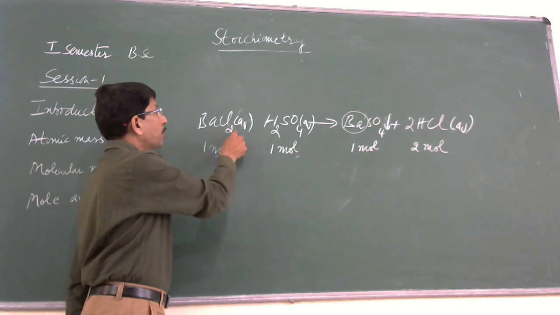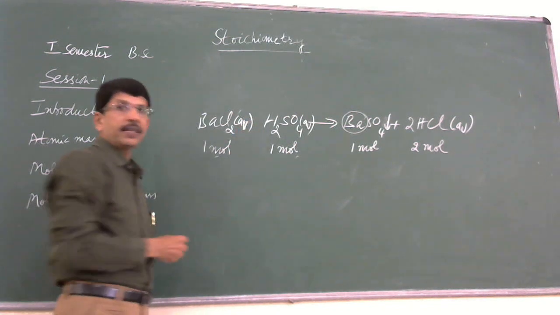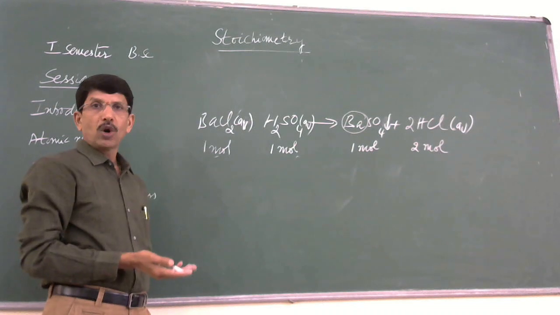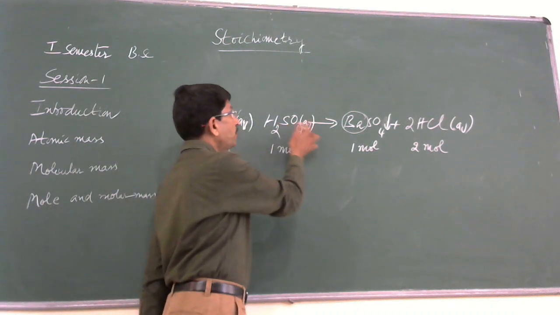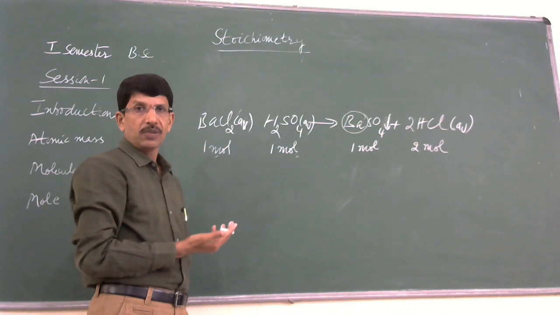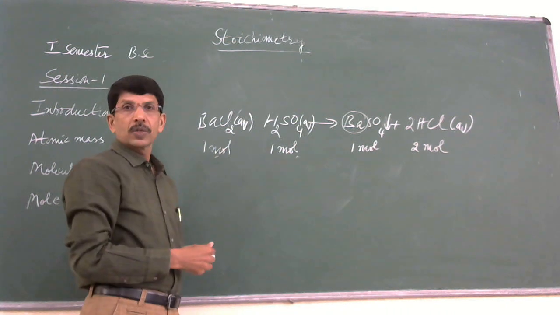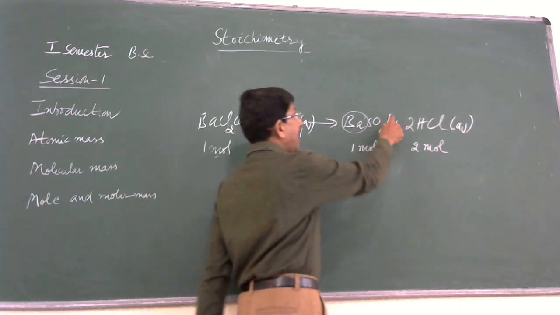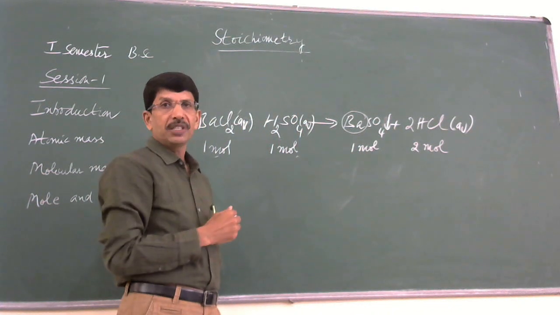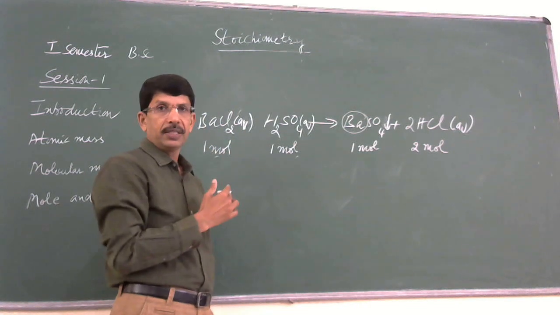When I write BaCl2 (aq), it is aqueous barium chloride solution, in the sense, barium chloride dissolved in water. H2SO4 (aq), we prepare sulfuric acid solutions of different required concentrations in water, and this downward arrow indicates that it is the precipitate which is formed. Barium sulfate is a precipitate.